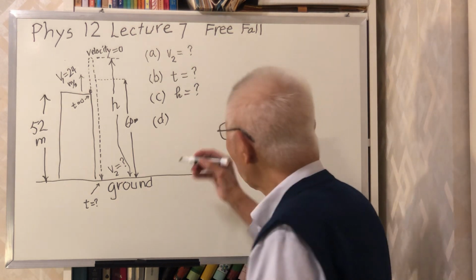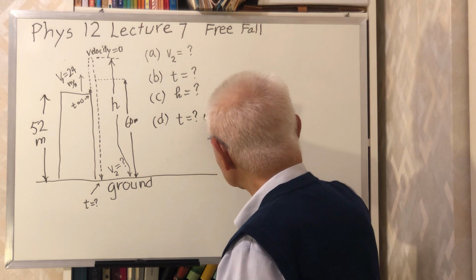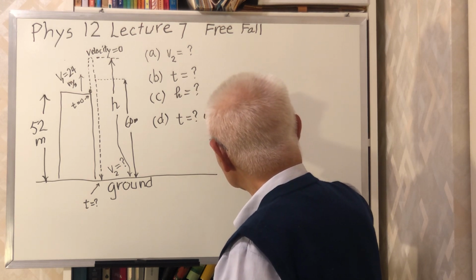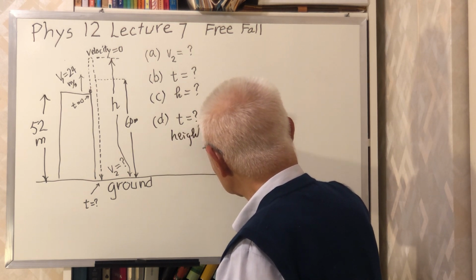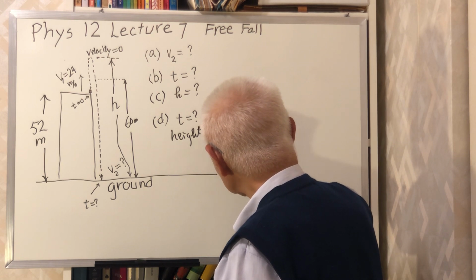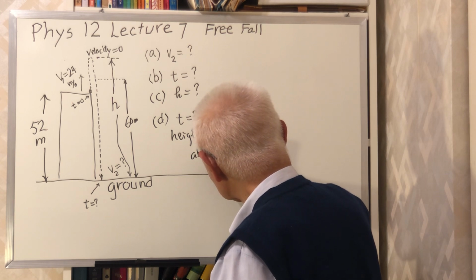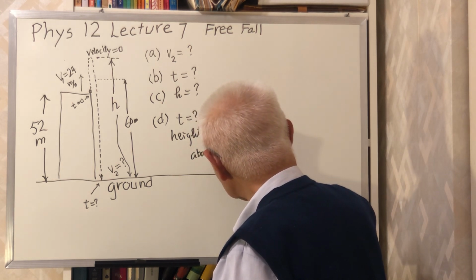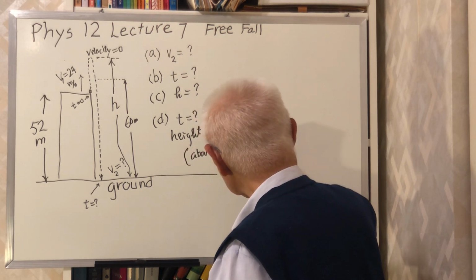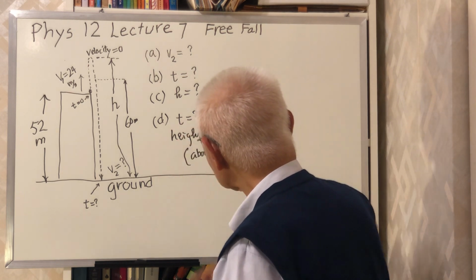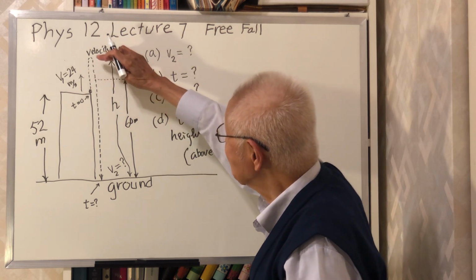What is the time when the height is 60 meters? This 60 meters is above the ground. So what is the time? You have two times. Yes? One time is here, another time is here.